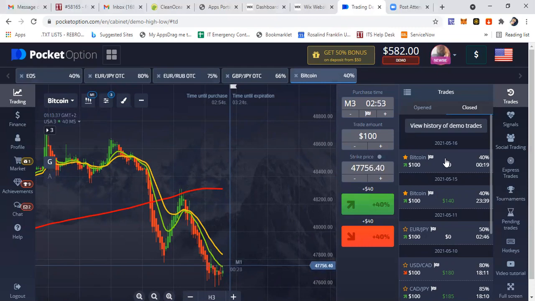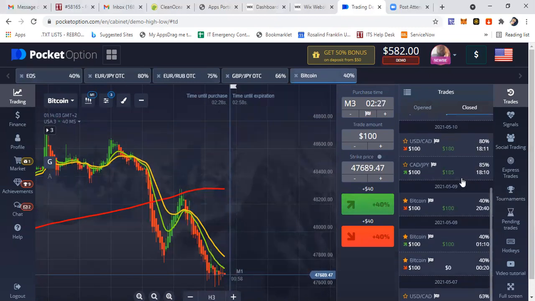I don't know why, but when I opened this $100 trade, it was getting ready to go into profit, and then all of a sudden the Bitcoin market went gray, which put me into a loss. It's ridiculous. If you look here, the 19 seconds doesn't even make sense. But it's Pocket Option, what do you expect?